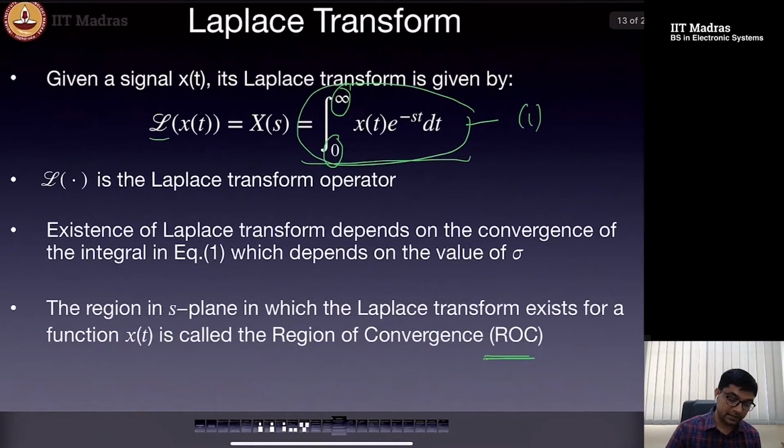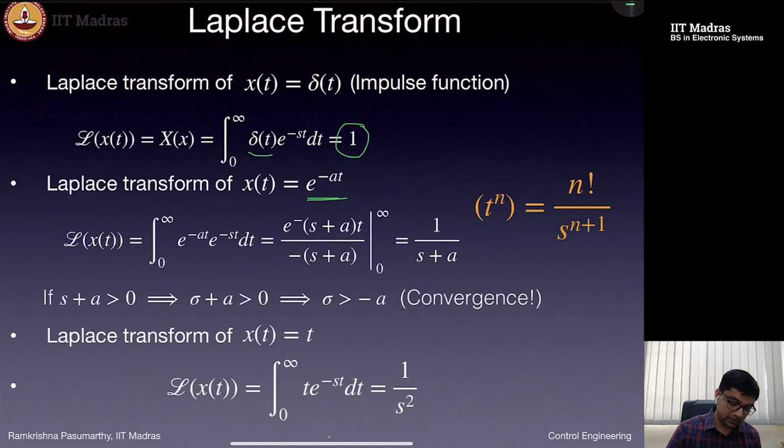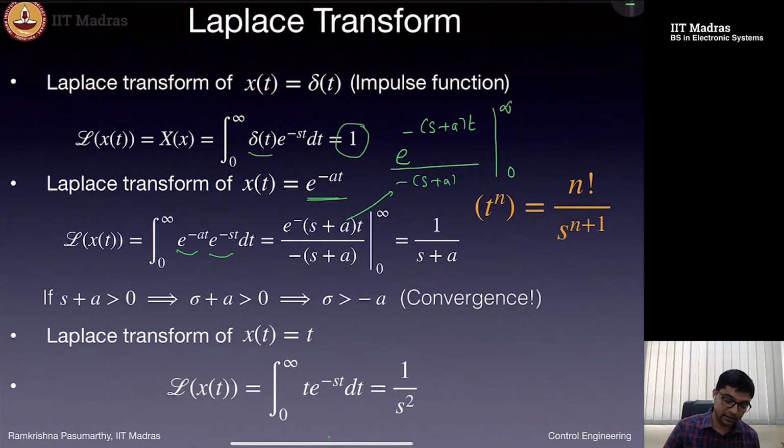Okay, so the definition is 0 to infinity, the function times e power minus st dt. So 0 to infinity, the function here, and e power minus st dt. I do all of these things here, and I will see. Just write this a little carefully as e power minus (s plus a) times t over minus (s plus a). Now I'm evaluating these expressions at 0 and infinity.